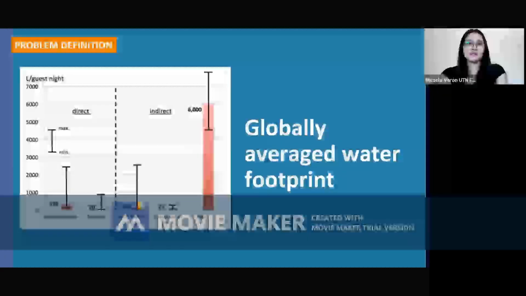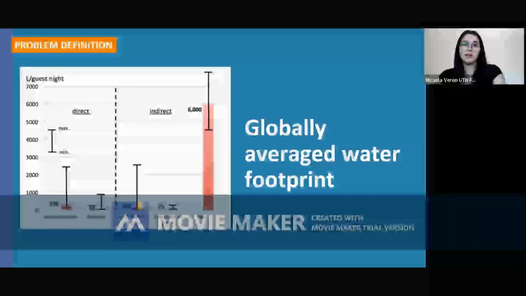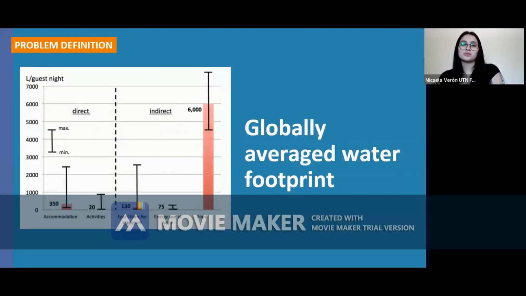Well, as we can see in this figure, most of the water footprint is associated with indirect use of water, but it involves many factors that are not possible to address by means of a device.